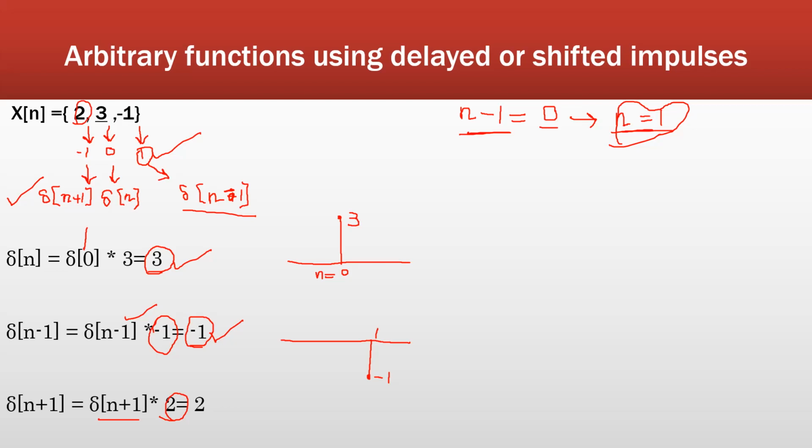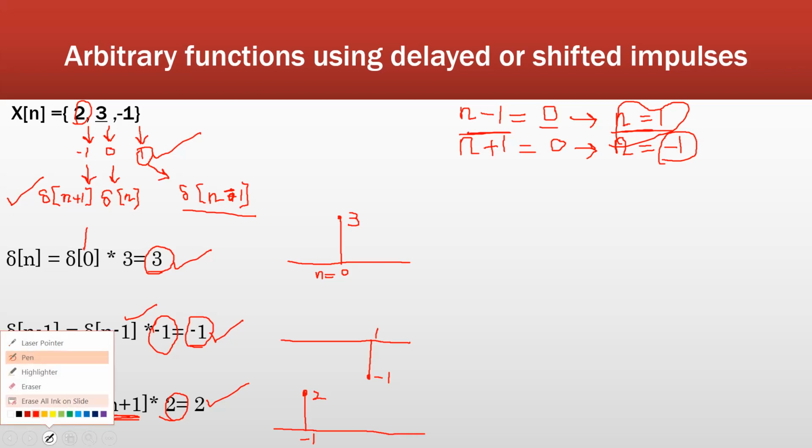To find where we get an impulse, we put n plus 1 equals 0, so n equals minus 1, meaning at minus 1 we will get an impulse of amplitude 2.